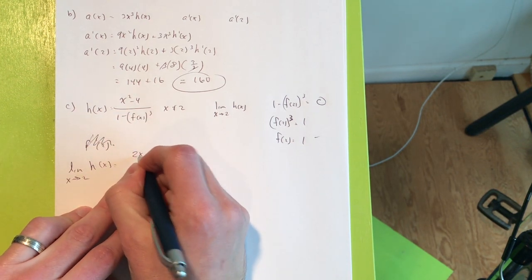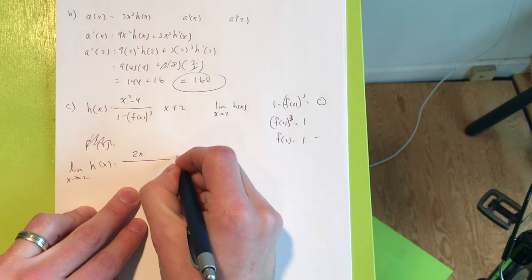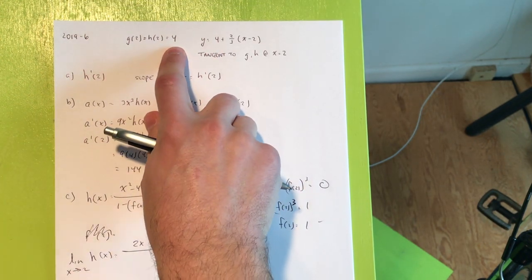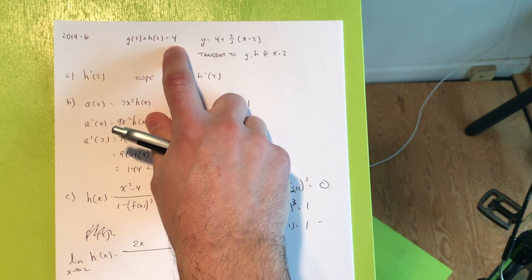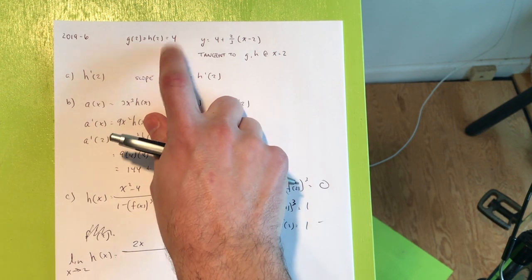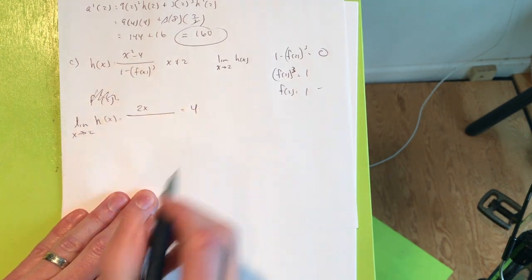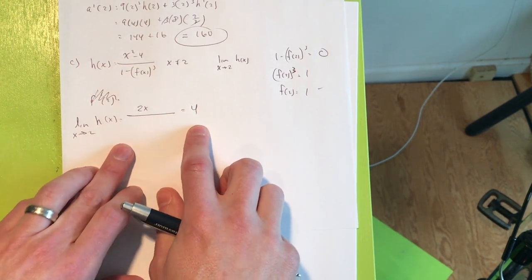It's going to give us 2x over, well, we already know that this equals 4 because we are twice differentiable. Twice differentiable implies that we are continuous at the start.